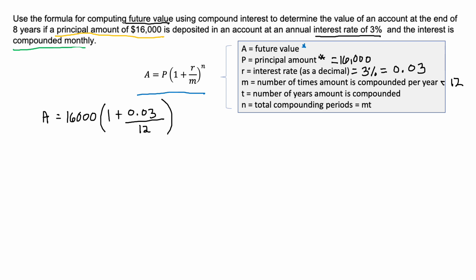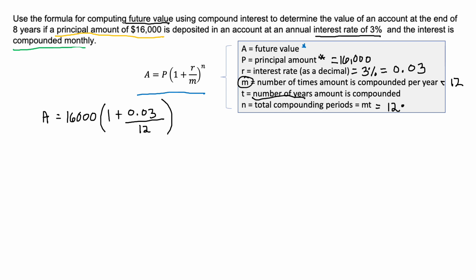Now I'm going to raise that to the nth power. N is the total number of compounding periods. To find this, we're going to take the value for M, which was 12, and multiply it by T, which is the number of years the amount is compounded.